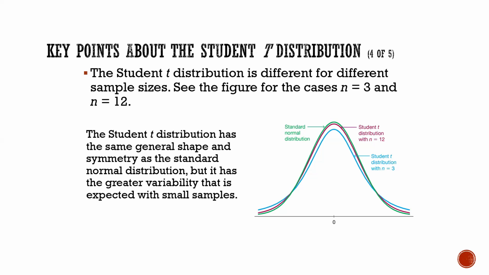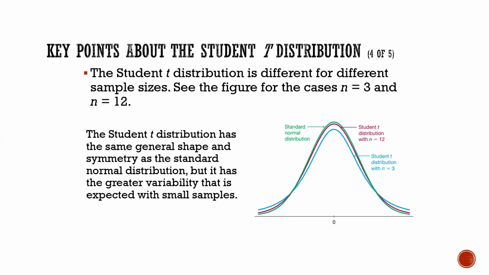Thicker tails, more spread out. There's a lot of math behind it, but I am not an expert in statistics. I know just enough statistics, probably a little bit more than just enough. You're in good hands. I know enough statistics to teach this course, but I don't know enough to teach a graduate level course, so I don't understand all the details.